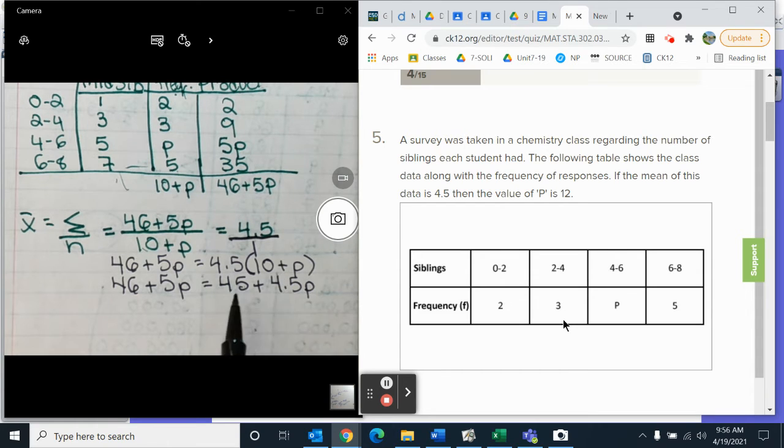Now combine your like terms. Minus 46 and subtract 4.5P on both sides.